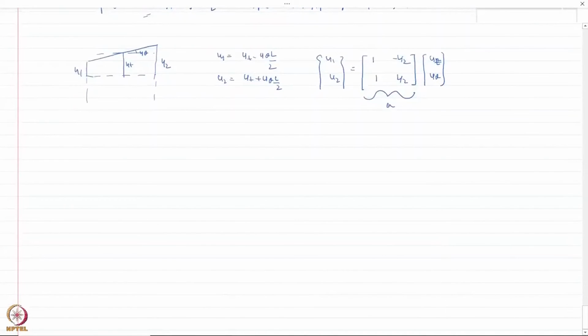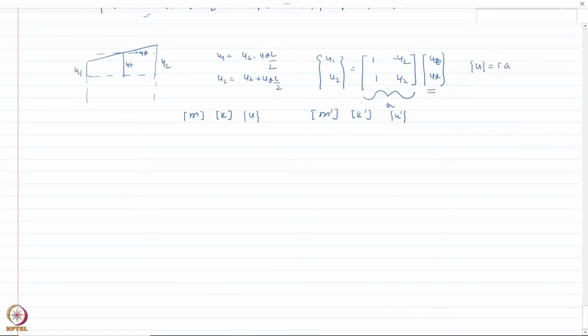If we need to transform a system from ut to u theta, let us say in the first case the mass matrix is M, the stiffness matrix is K, and the displacement vector is U. In the second case, let us say the mass matrix is M dash, the stiffness matrix is K dash, and the displacement vector is U dash.